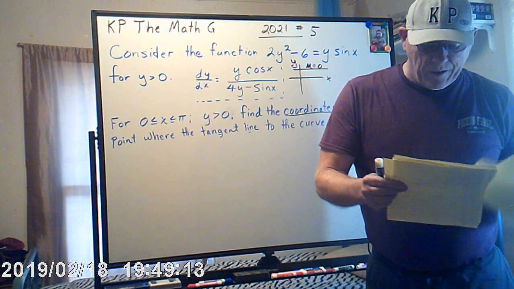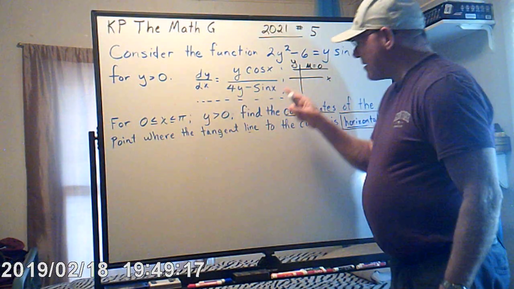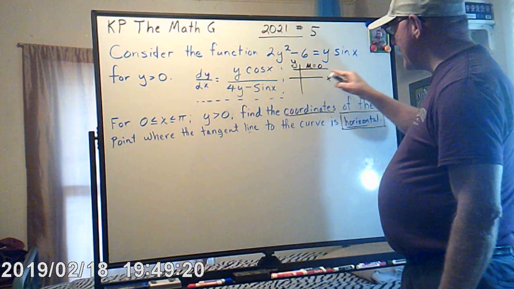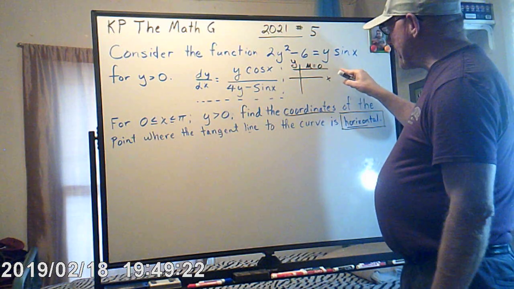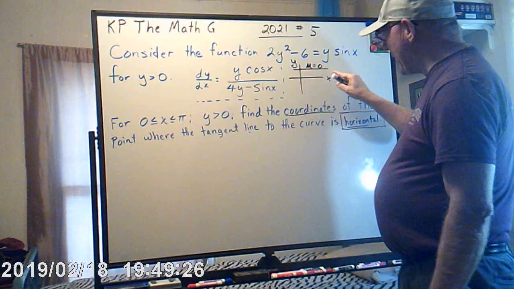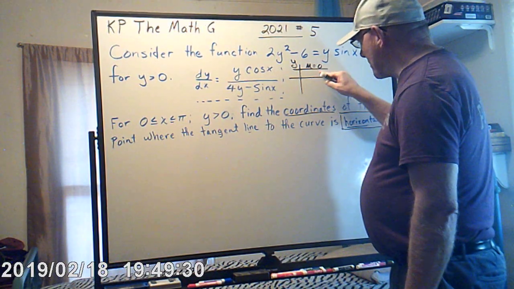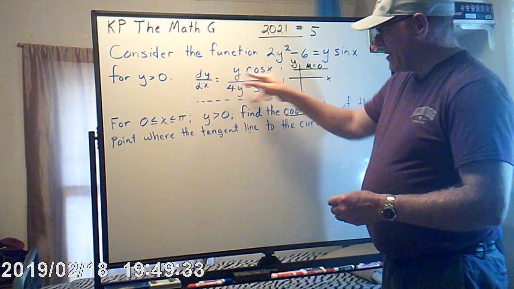All right, so here's what the deal is. Since this line is horizontal, the slope of this line tangent to the curve is going to be 0. So this is the slope.